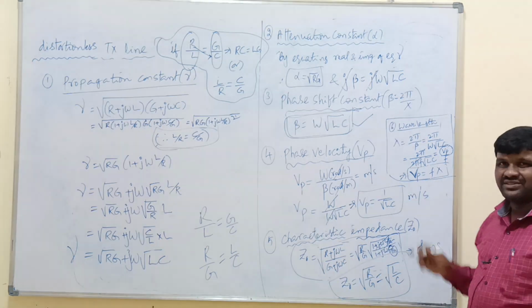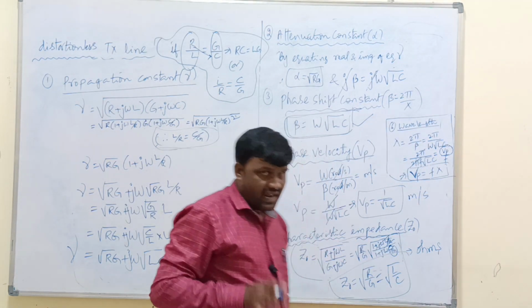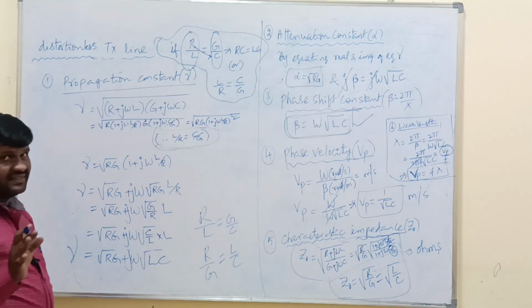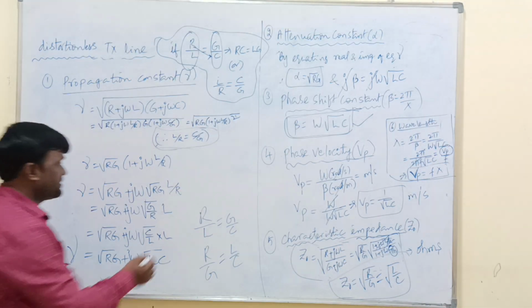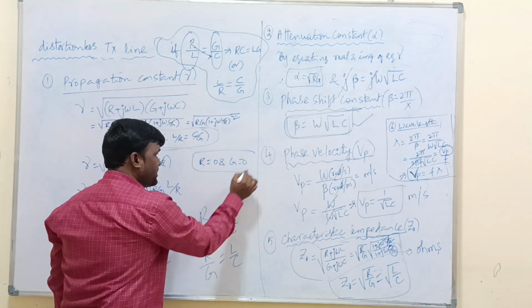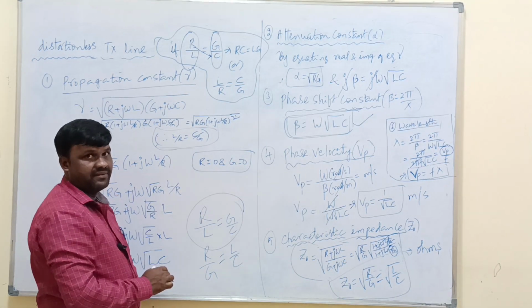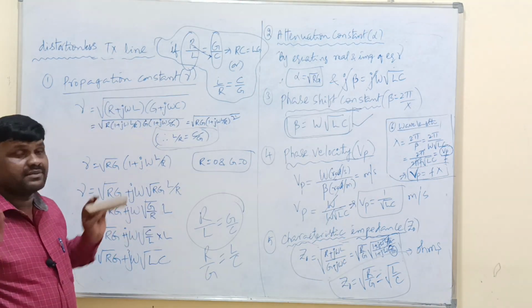Now wavelength is also the same. What we can say from this discussion, for lossless and distortionless transmission line, there is a difference in the condition. For lossless transmission line, R equal to 0 and G equal to 0. This is the condition for lossless transmission line, and this is the condition for distortionless transmission line. Characteristics are the same except alpha.